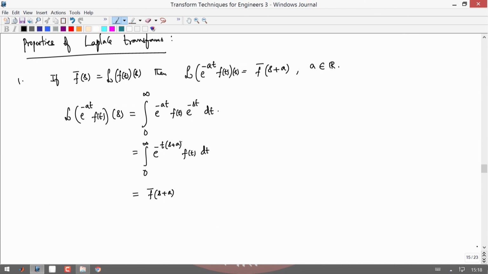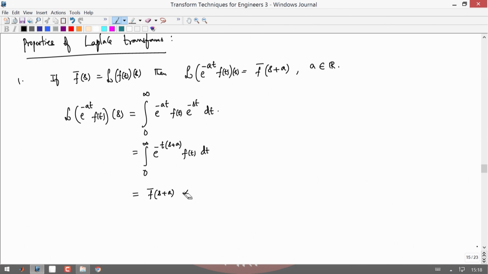If a is not real but complex, then you may have to worry. Even otherwise it should not be a problem. If a is a real constant, then this is the case.